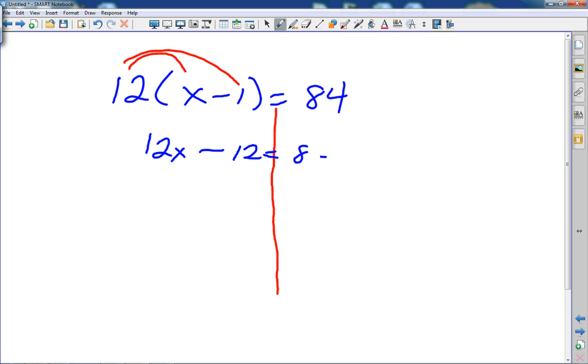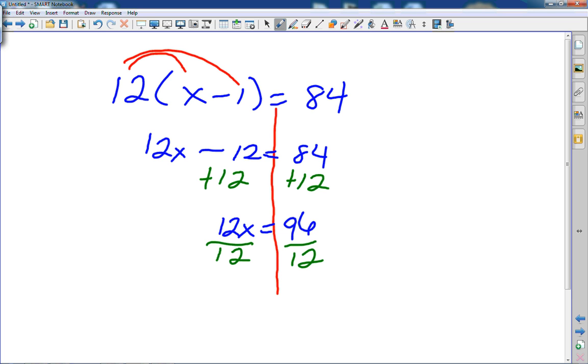That equals 84. So now I'm going to add 12 to each side. I get 12x equals 96. I'm going to divide by 12. And that is going to give me 8.